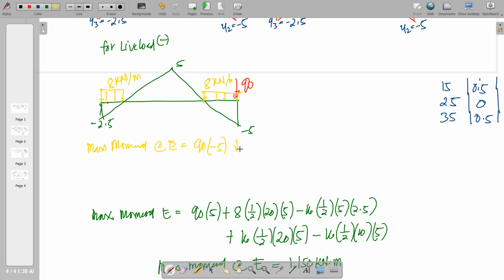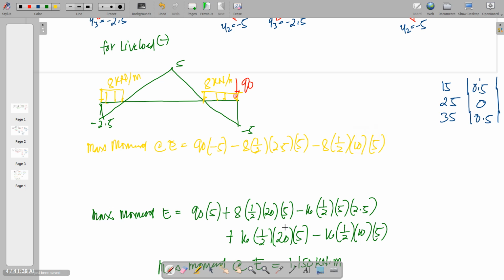And then we deduct the area, 8 by 1/2, 2.5 by 5, minus 8 by 1/2, 10 by 5.